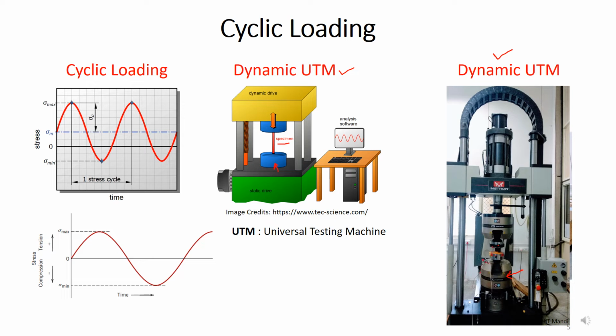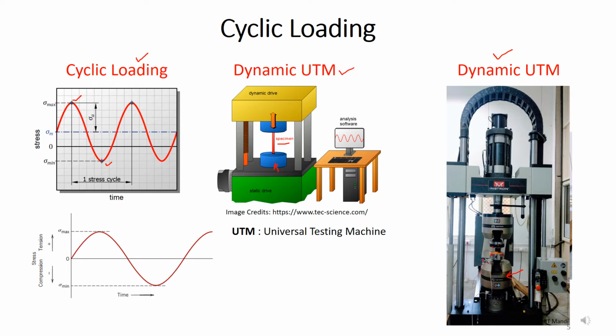This is the typical loading cycle, where this point shows the maximum amplitude, and this bottom point shows the minimum amplitude of the stress, and the distance between the two crests or the two troughs is known as one stress cycle.